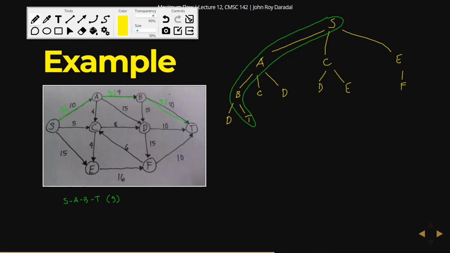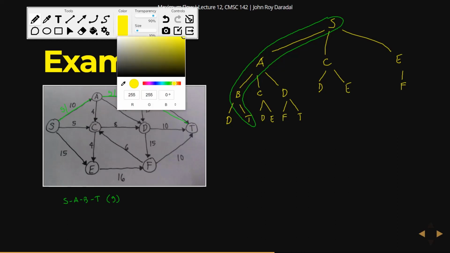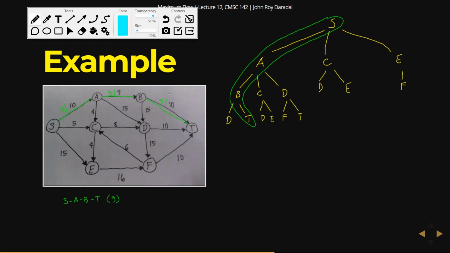Try to expand C. So from C, you can still go to D or E, right? And then from D, you can go to F or T. So this is just BFS, right? You're just expanding the nodes based on their neighbors. But since we've found another T here, which is the sink vertex, then let's check this one. So SADT.